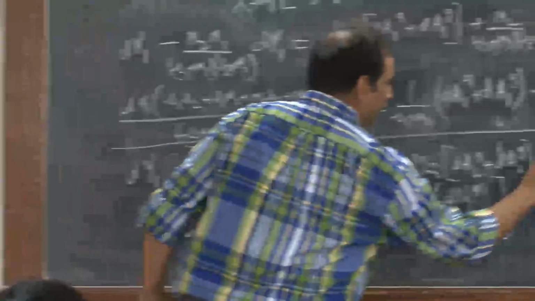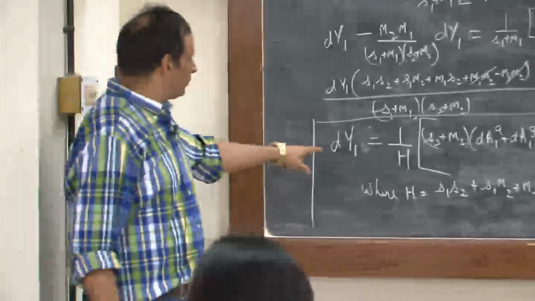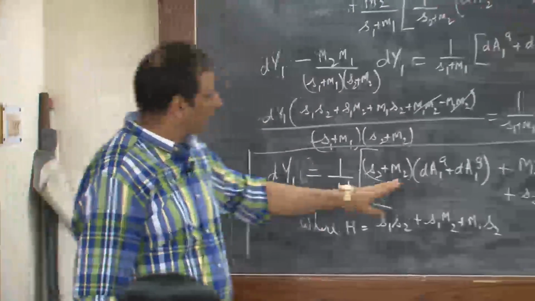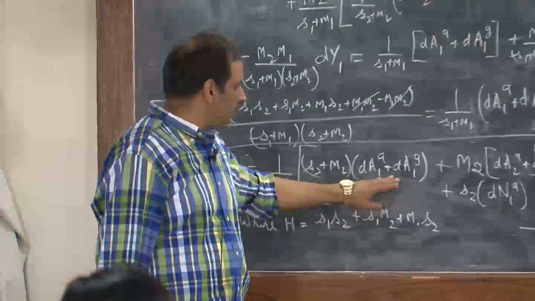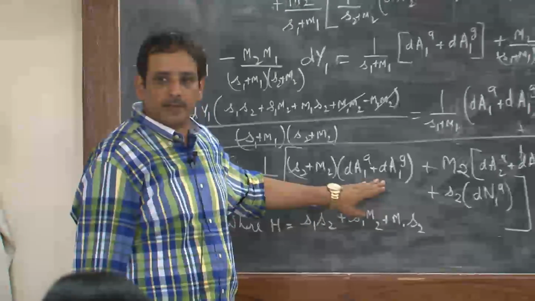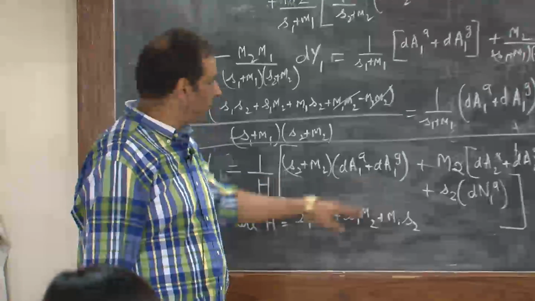So what we get is that the incomes in your home country change because of the changes in the expenditures, be it the private expenditures or the policy induced expenditures.